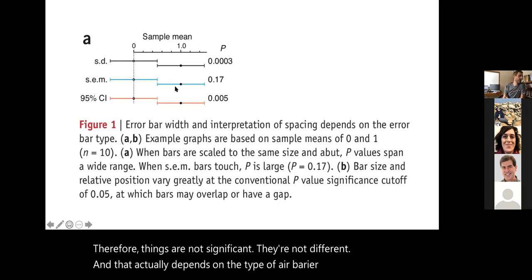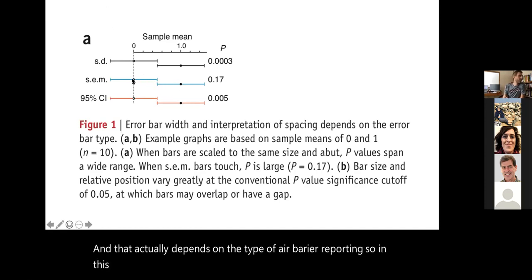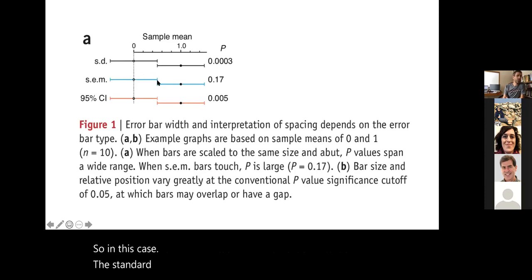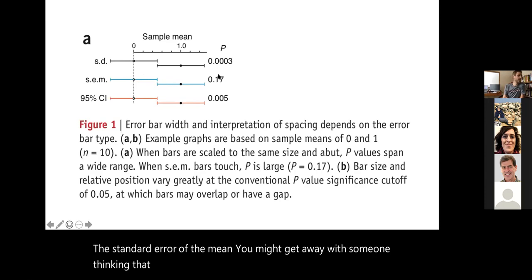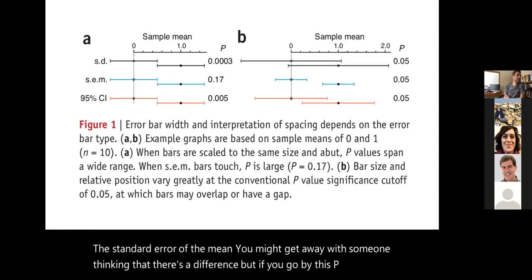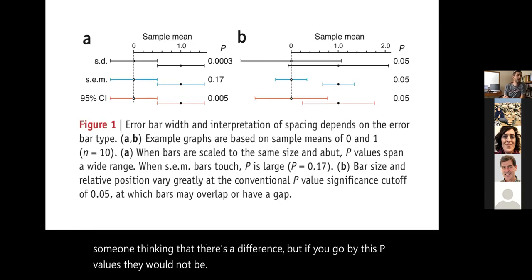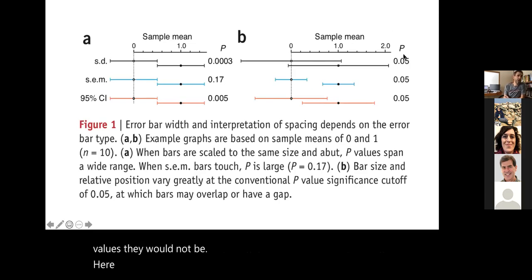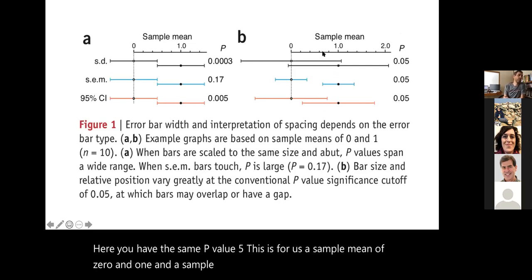So, in this case, with the standard error of the mean, you might get away with someone thinking that there's a difference, but if you go by these p-values, there would not be. Similarly, here you have the same p-value, 0.05. This is for sample means of 0 and 1 and a sample size of 10.